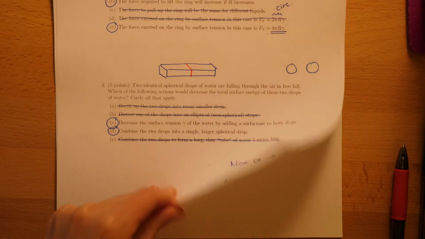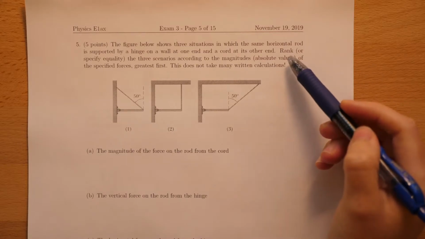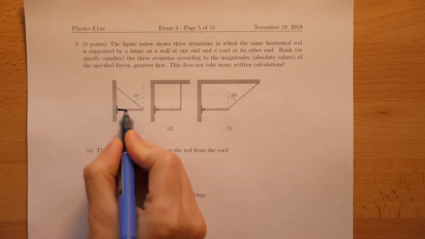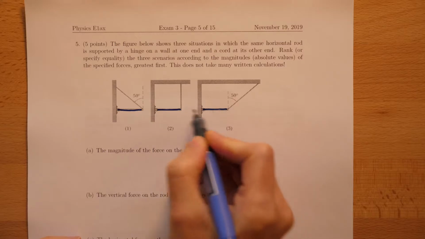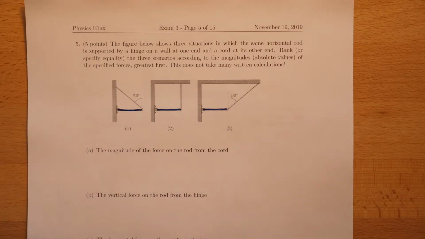Okay, moving right along. This is a very good problem. So we have three situations where we have the same rod, the same stick in each case, and the stick is being held up by strings at 3 different angles.